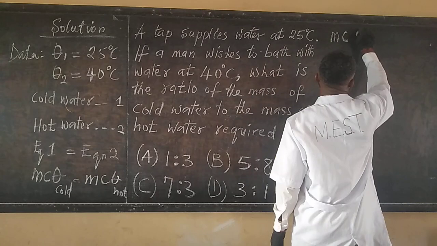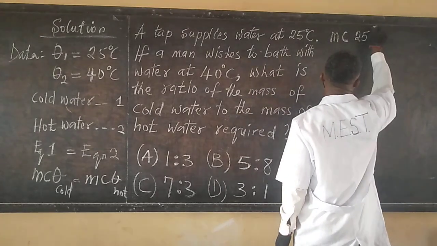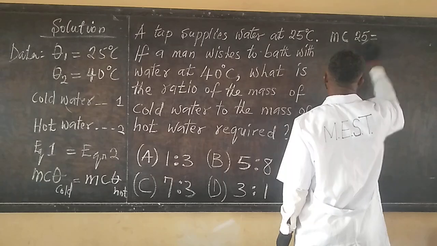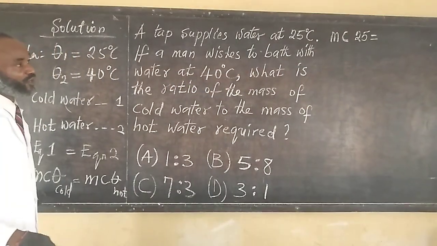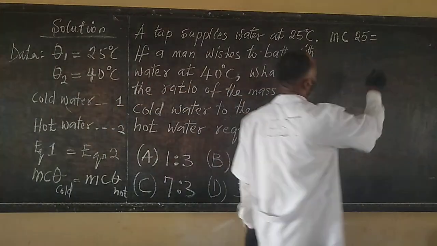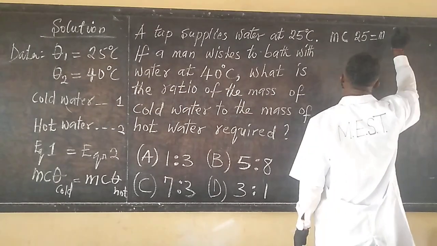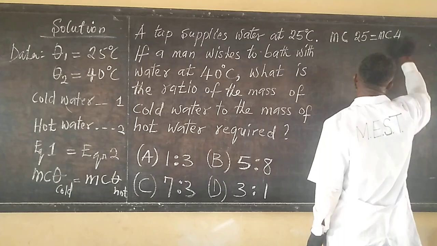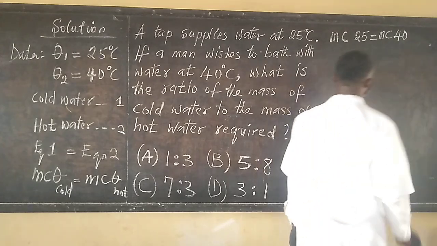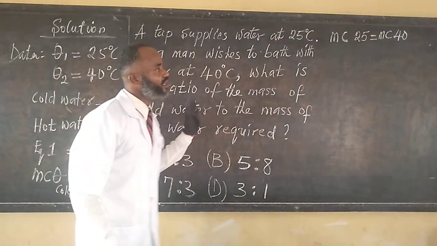We are talking about the same body, so no mass again when the water is hot, no specific heat capacity, but there is a temperature of 40 degrees Celsius. That makes a lot of sense.